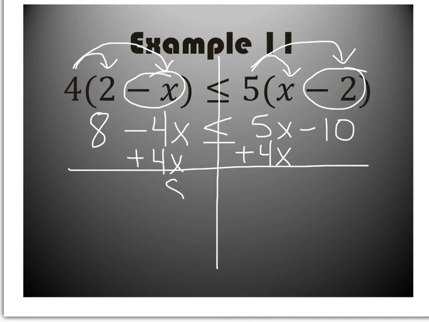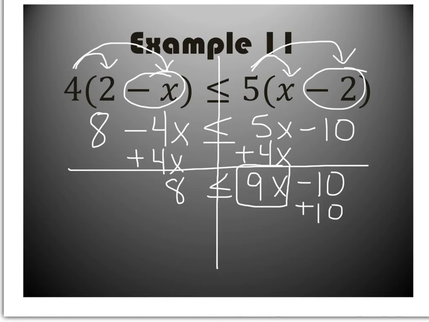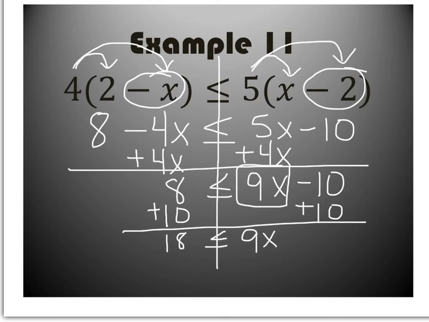So now we have 8 is less than or equal to 9x minus 10. Now we've got to get our x term by itself. So since this is a negative 10, we have to add 10 to both sides. Now we have that 18 is less than or equal to 9x.